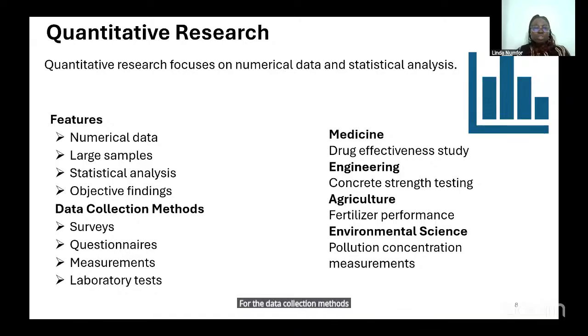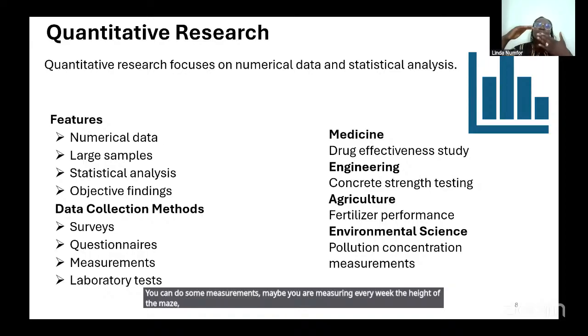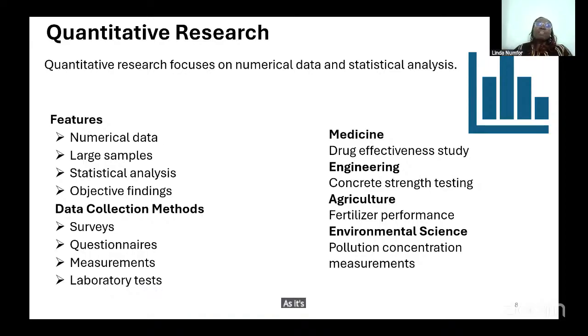For the data collection methods that you are going to use for a quantitative research, you use surveys, questionnaires, measurements, laboratory tests. You can do some measurements, maybe measuring every week the height of the maize as it's being affected by the fertilizers that you've applied.